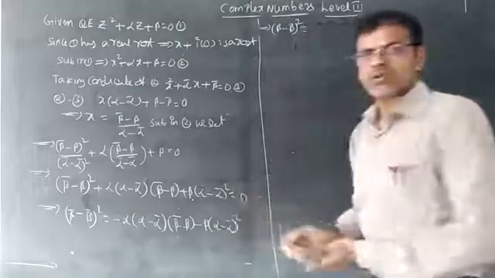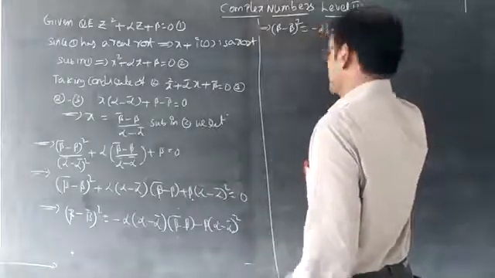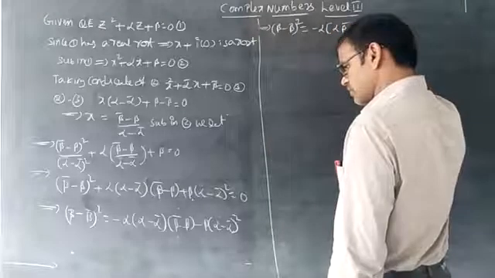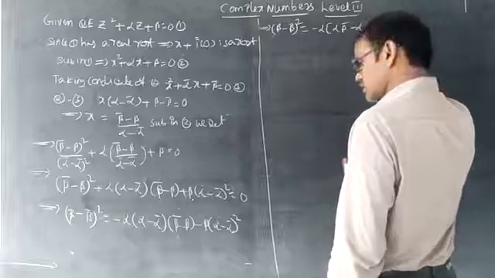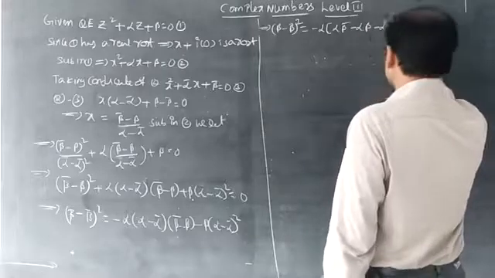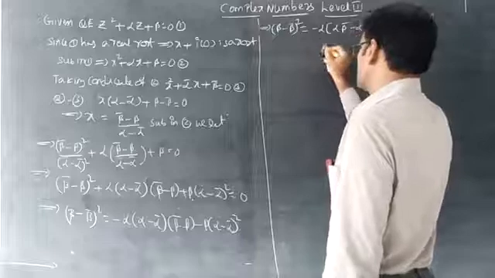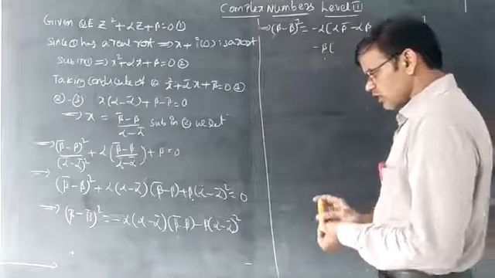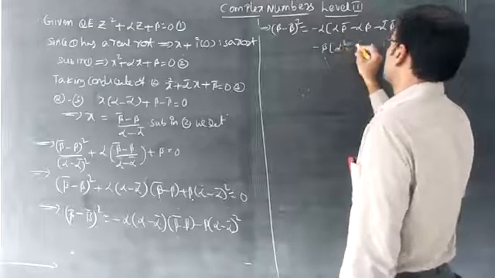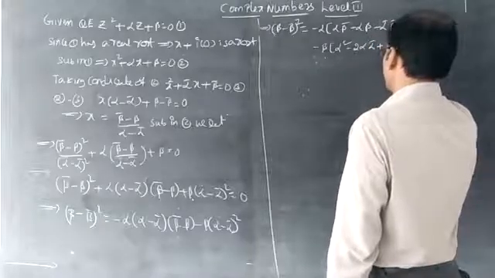Beta minus beta bar whole square is equal to, multiply carefully, minus alpha into alpha beta bar minus alpha beta, minus alpha bar beta bar plus alpha bar beta, minus beta into alpha minus alpha bar whole square expansion: alpha square minus 2 alpha alpha bar plus alpha bar whole square.